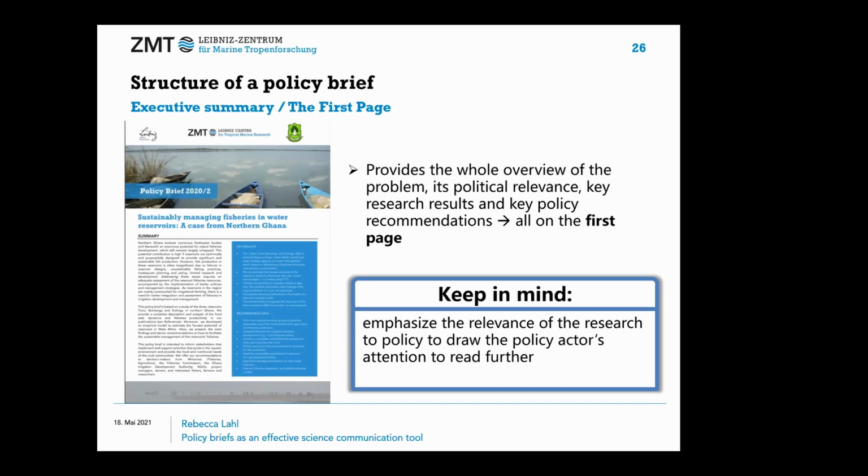The first page really provides the whole overview of the problem, the political relevance, key research results and recommendations. Just keep in mind that the relevance of the research to policy needs to be clear, so that policy actors are drawn to read further.